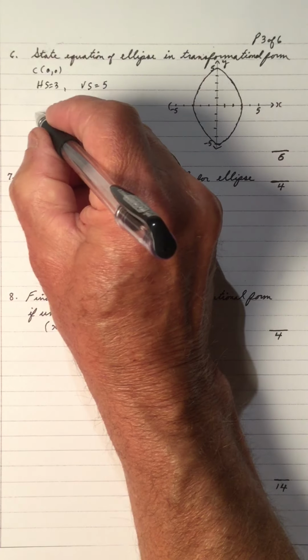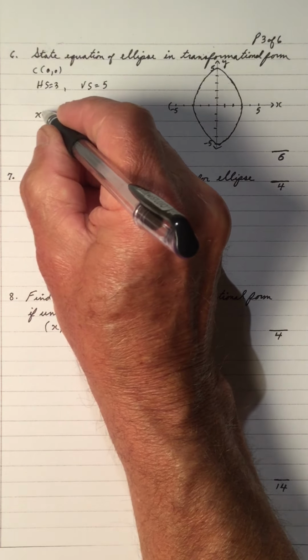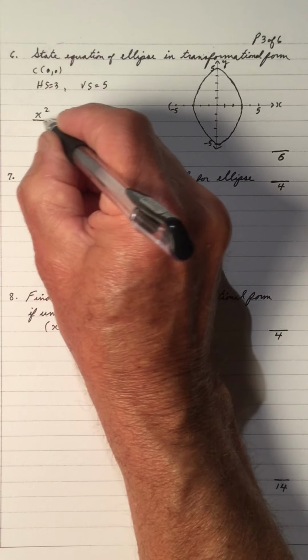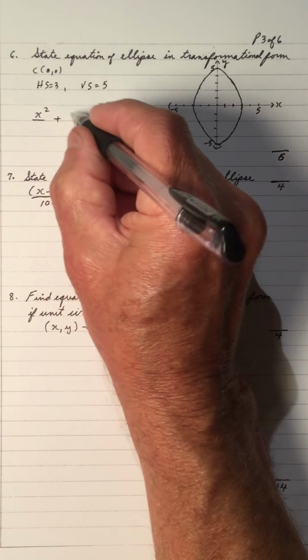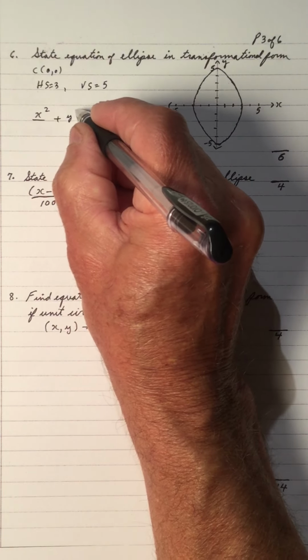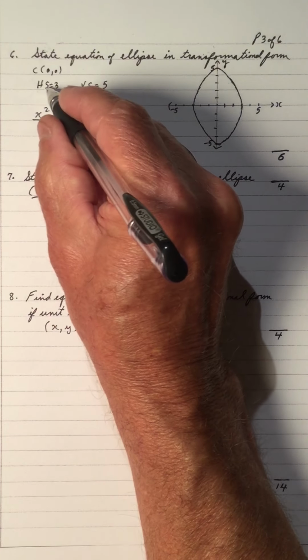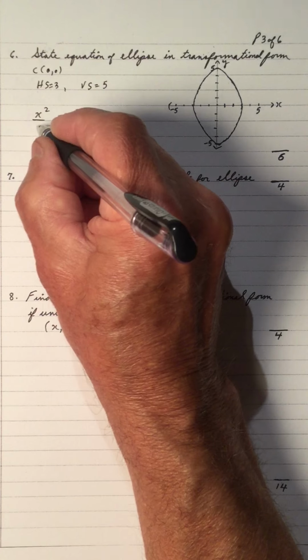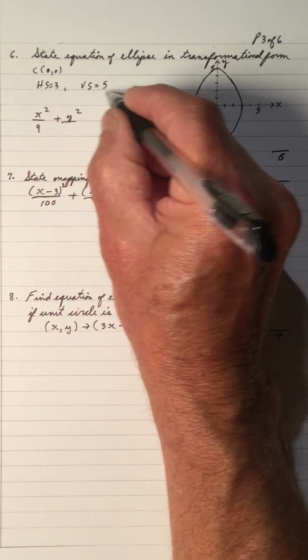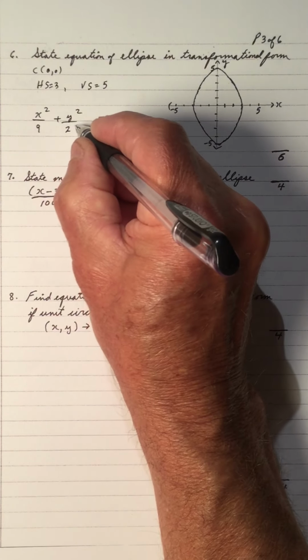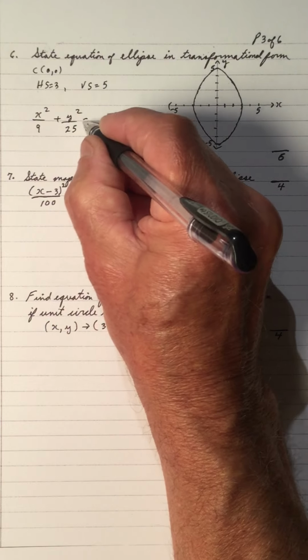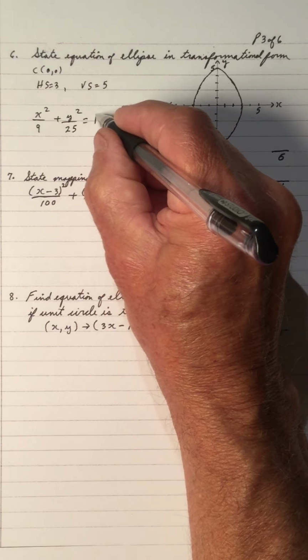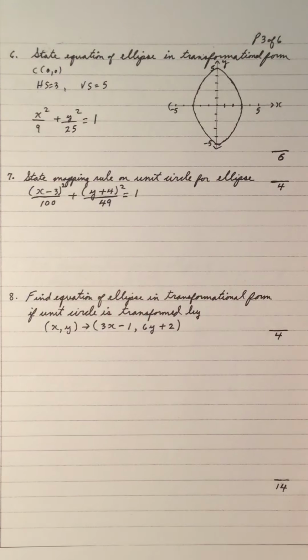And so it's x minus 0, which is just x squared. And we have y minus 0 squared, which is y squared. The horizontal stretch is 3, so a squared is 9, and the vertical stretch is 5, so that squared is 25, and in transformational form it has to be equal to 1.